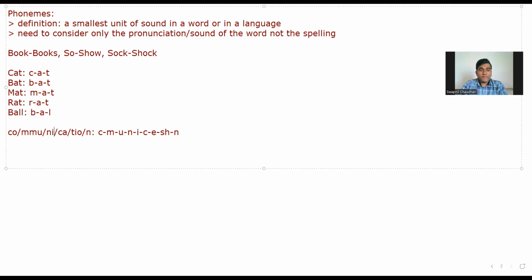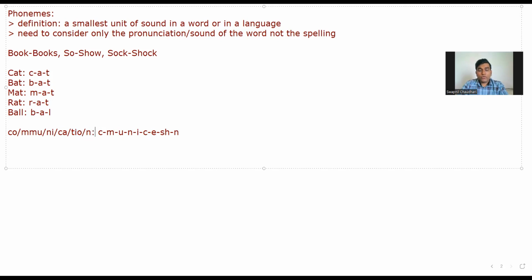And then after that we have ni. So can we break down ni? Yes. So we have na and e, ni, right? And then k. So over here you can see k, ka and e, k. And then we have this, that is sh, sh, and n.